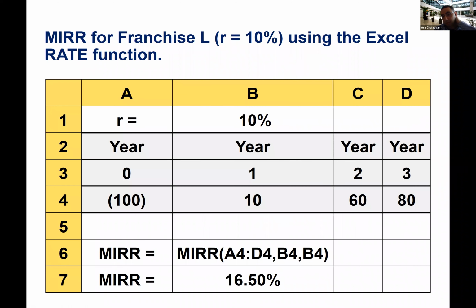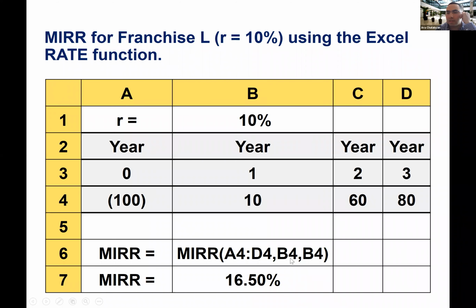Now in Excel, life is easier. Instead of IRR, you type MIRR, and we'll do it shortly. You see, you have to choose the range A4 to D4, and then Excel will ask you 2 rates.